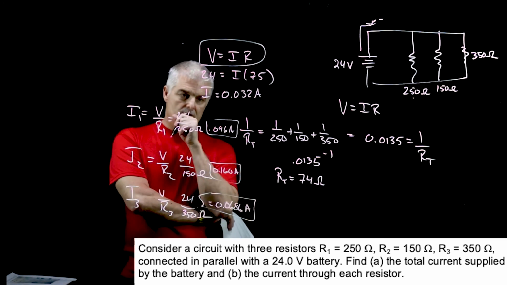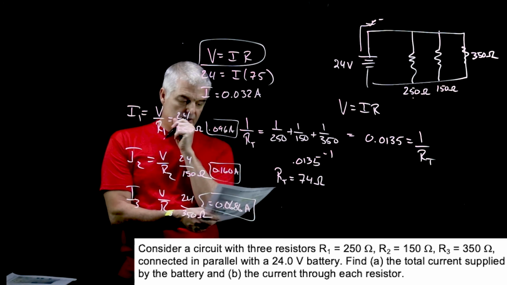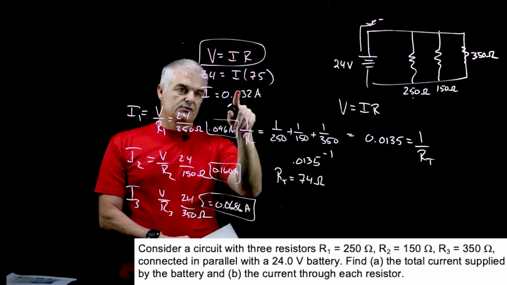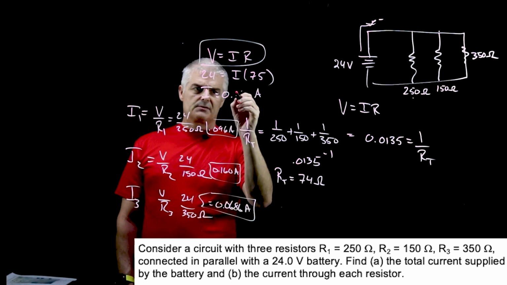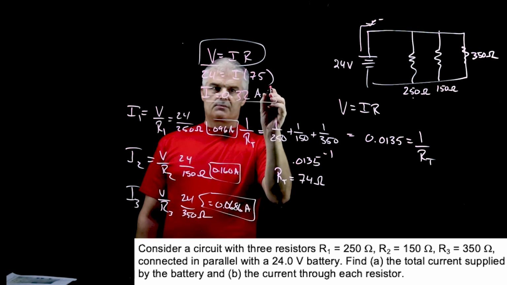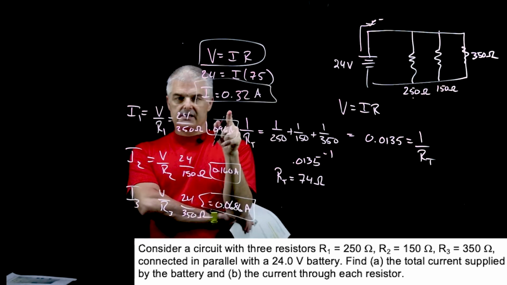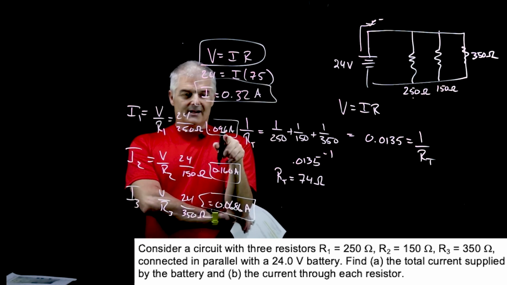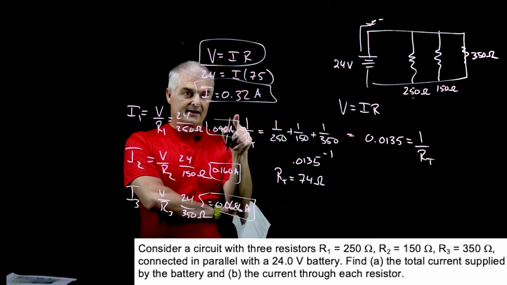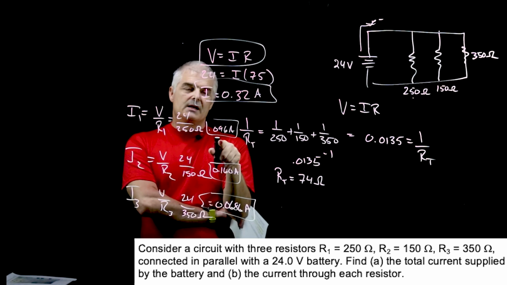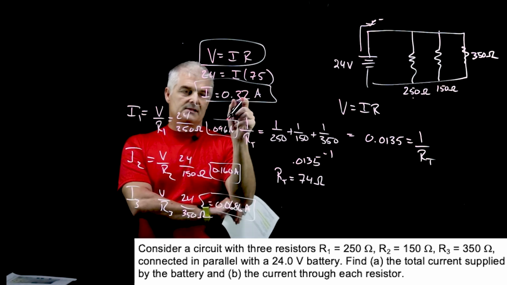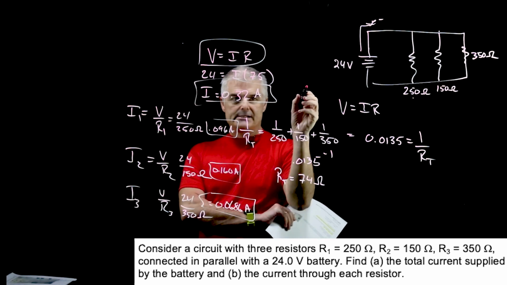I realized, folks, I was making a mistake: the total is 0.32 amps. I was about to say these must all add up to this number, and they should. I just read my notes wrong.